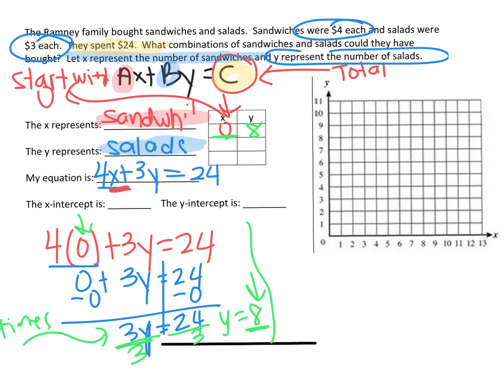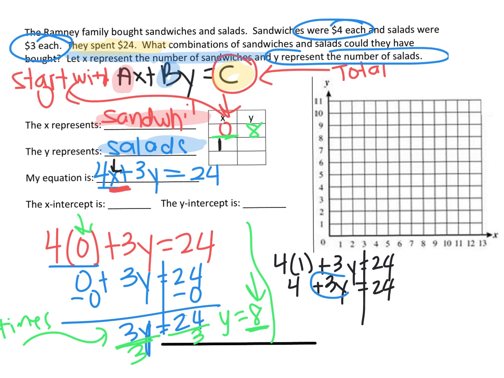All right, after the number 0 comes 1. I'm going to try 1 now in my equation. So what am I putting in for X? I'm going to put in 1. 4 times 1 plus 3Y equals 24. 4 times 1 is 4 plus 3Y equals 24.